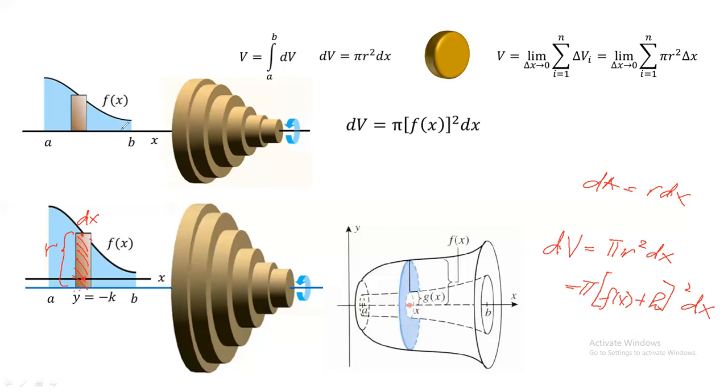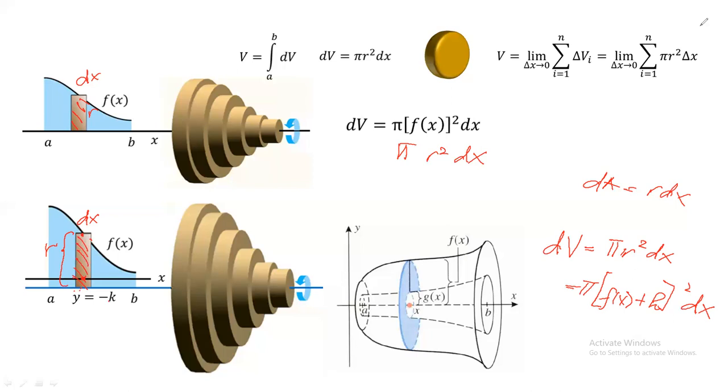So for this one, we don't have any problem because our differential area, the r dx, is rotated right on the x-axis. It's just simply pi r squared dx. R dx is the differential area. Pi r squared dx is the differential volume.